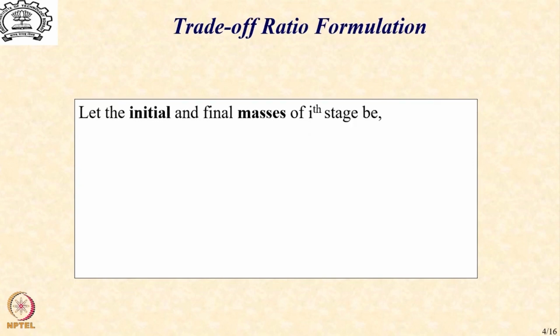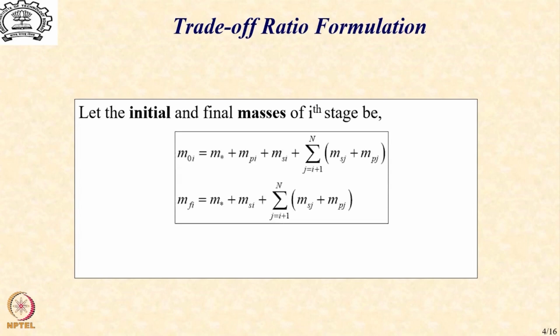So we just recall those definitions for the ith stage: m naught i equal to m star plus mpi plus msi, that is the configuration of the stage, plus the sum over j equal to i plus 1, which means the stages higher than the ith stage right up to the nth stage, with their mass configuration in terms of msj plus mpj.